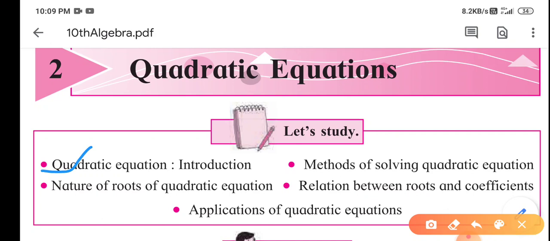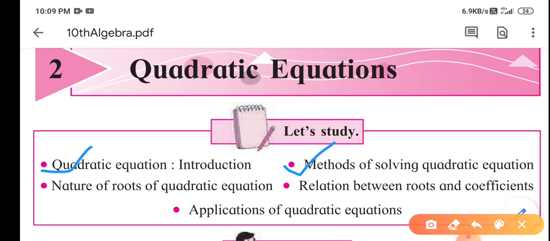After that we have to understand methods of solving quadratic equations, that is, how we can solve a given quadratic equation and which methods we have to use.